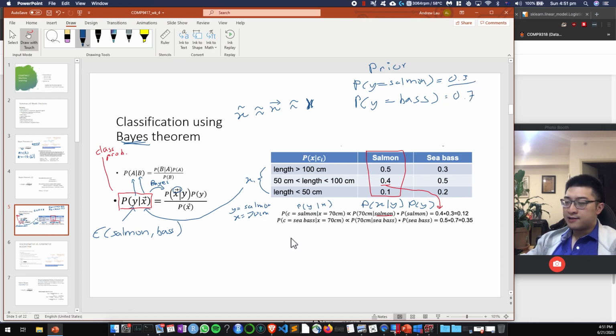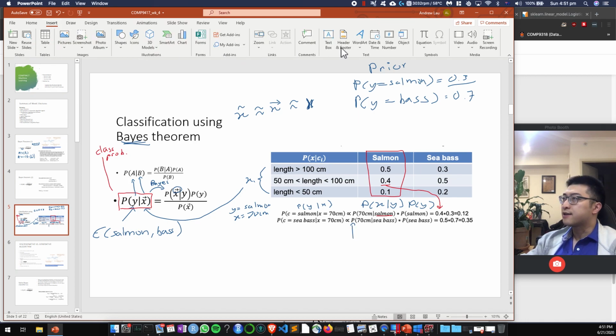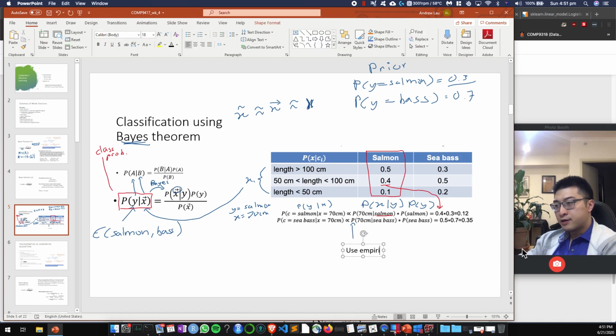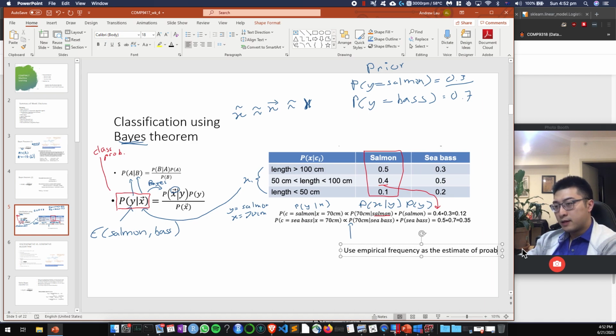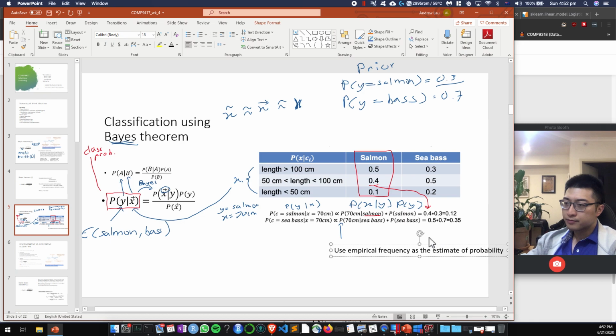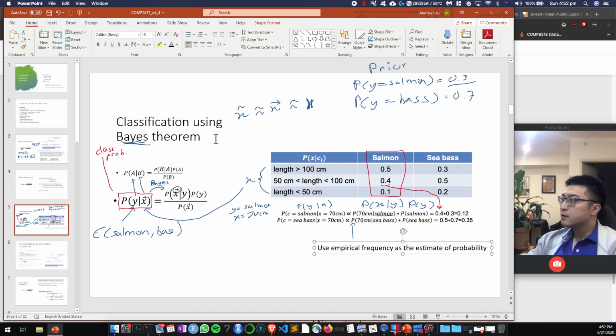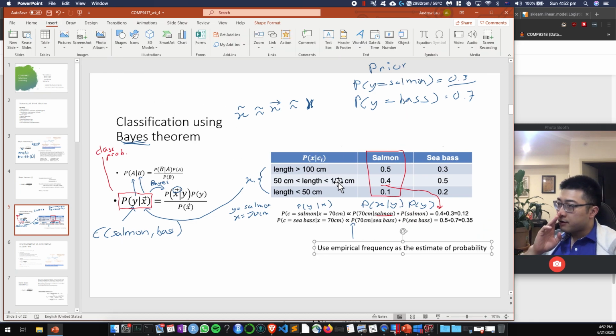But when you apply this, just keep in mind that when we say the probability, we're using the empirical frequencies as an estimator for the probability. We use an empirical frequency as the estimate of the probability, because we don't actually know what the true probability is unless we've seen every single salmon and sea bass in the world.